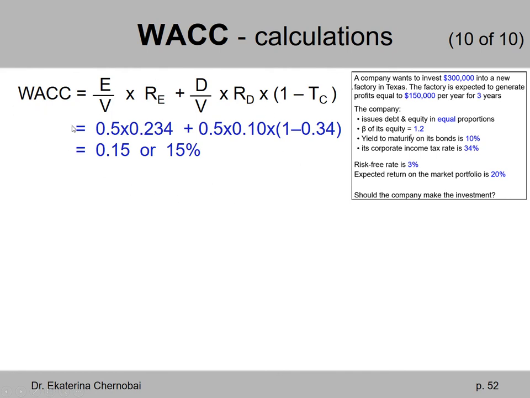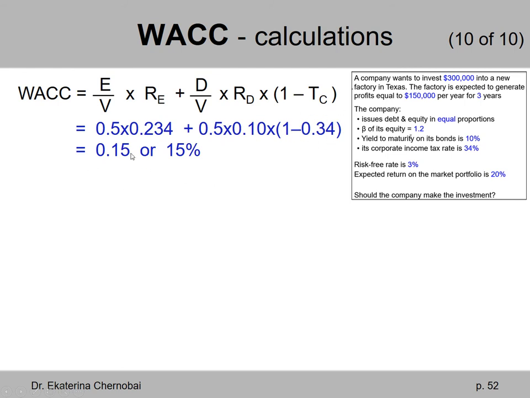The weighted average cost of capital in this problem equals 0.5, the weight of equity, multiplied by 0.234, the cost of equity, plus the weight of debt, 0.5, times the pre-tax cost of debt, 0.10, times 1 minus the corporate income tax rate, 0.34.